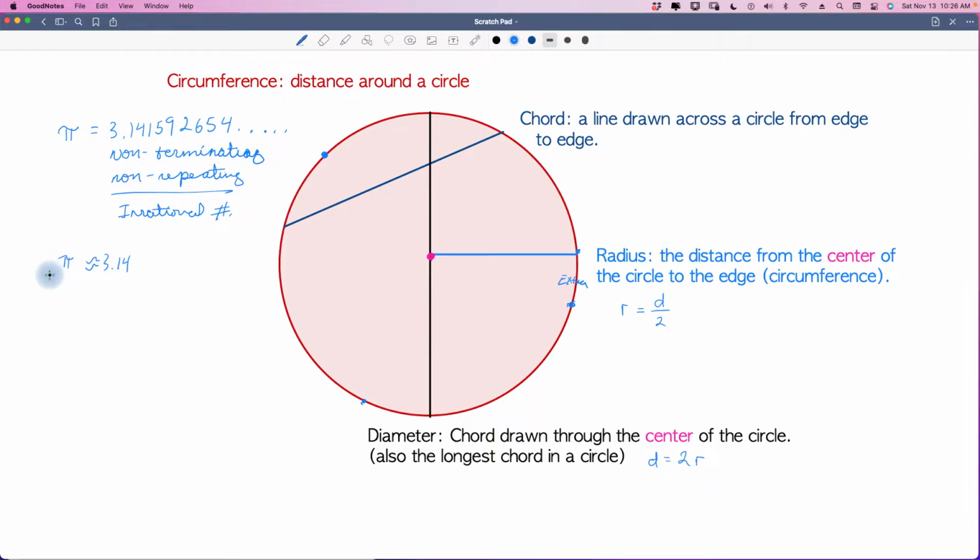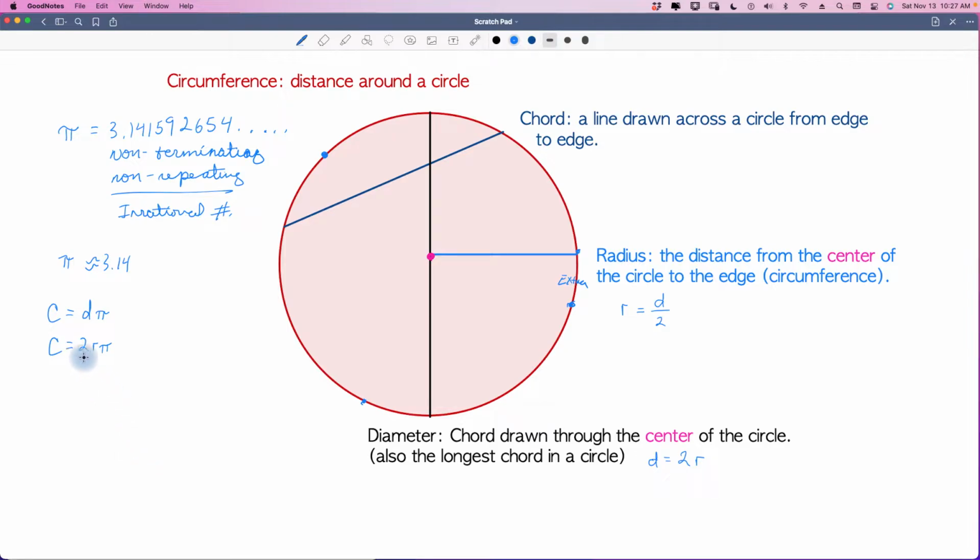So we use this to calculate the circumference by saying that the diameter times pi is the circumference of the circle. You can also say, what we do is we sub in and we say that the circumference is also equal to 2 times the radius times pi.